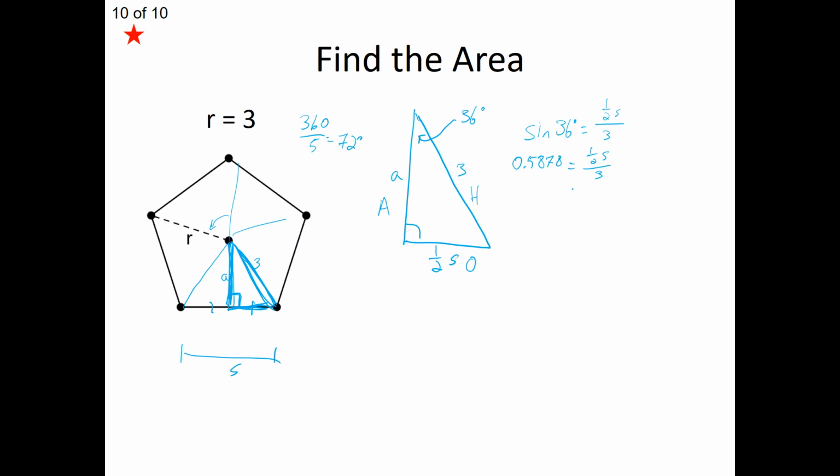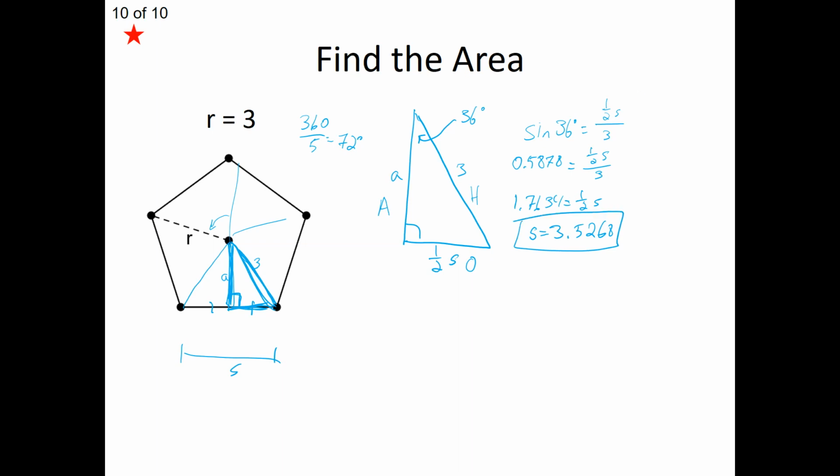Now I'm going to multiply both sides by 3, and on the left-hand side I get 1.7634, and on the right-hand side I'm left with 1/2 times S. Then I multiply both sides by 2 to get our side measure, keeping at least 4 decimal places, to be roughly 3.5268. So there's one of our missing values, the side length.